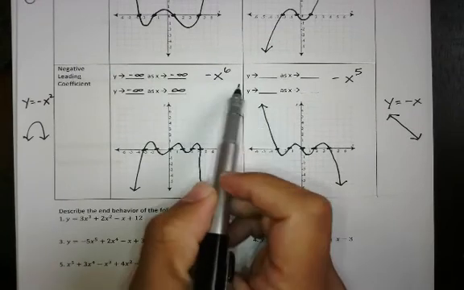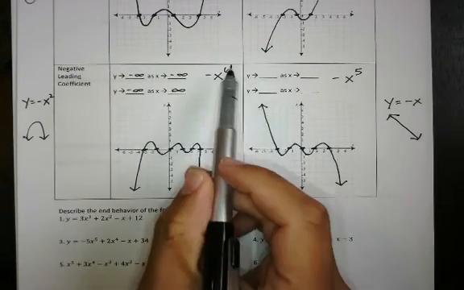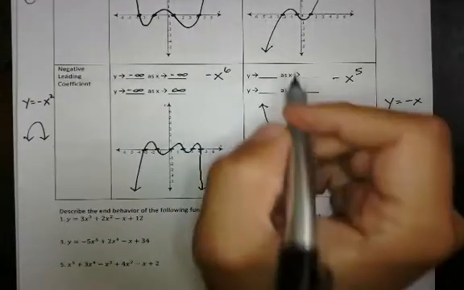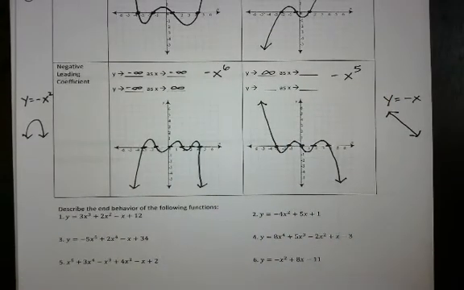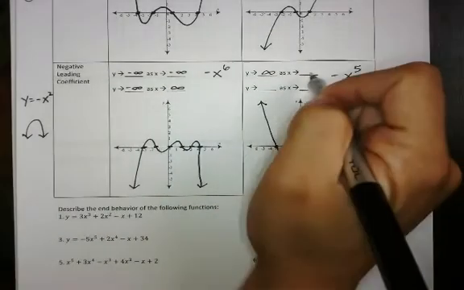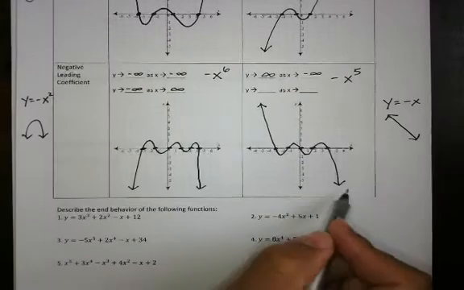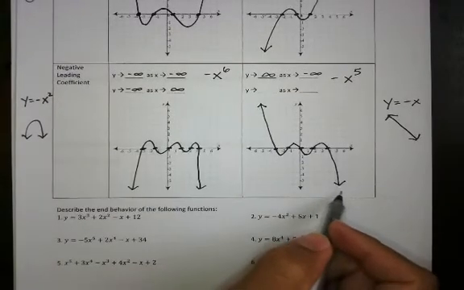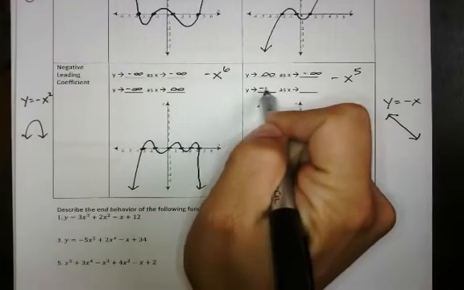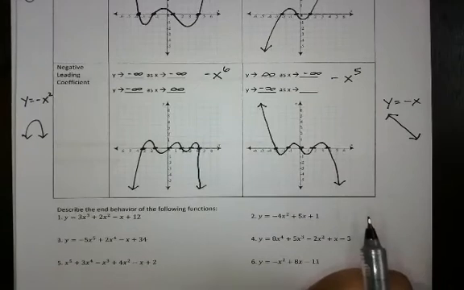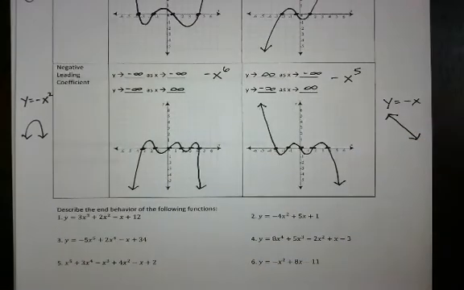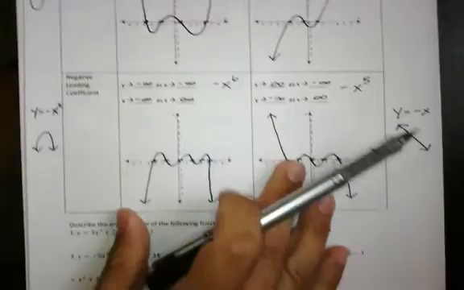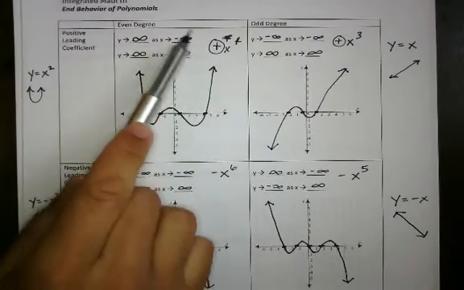So y is approaching up here. What is it approaching? Positive infinity. Very good. As x is approaching negative infinity, and on the other side, y is approaching negative infinity as x is approaching positive infinity.